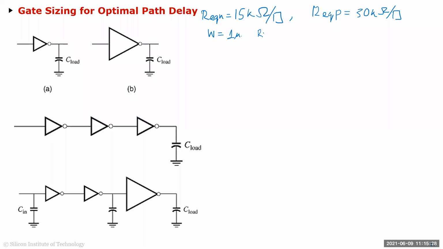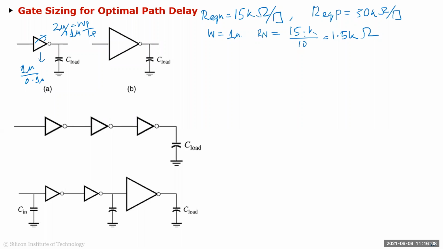Then Rn for that inverter would be 15 kilo ohms divided by 10, which is 1.5 kilo ohms. Let's say this inverter had a P size of 2 micron by 0.1 micron, so WP over LP, and the N is 1 by 0.1. We calculated that it is 15 kilo ohm per square, so 1 by 0.1 is 10 squares.